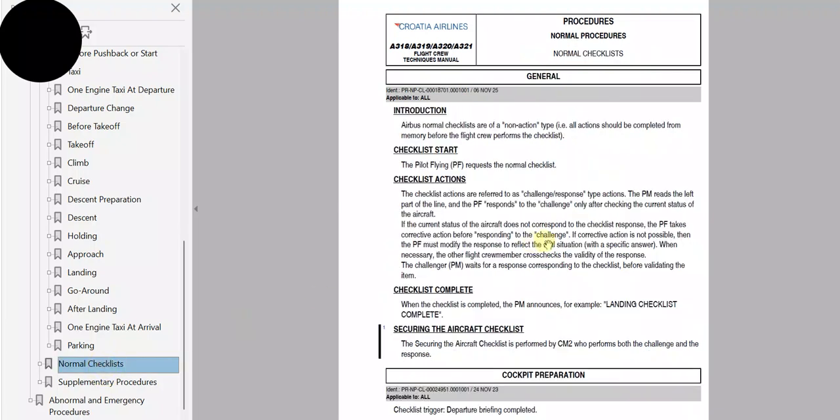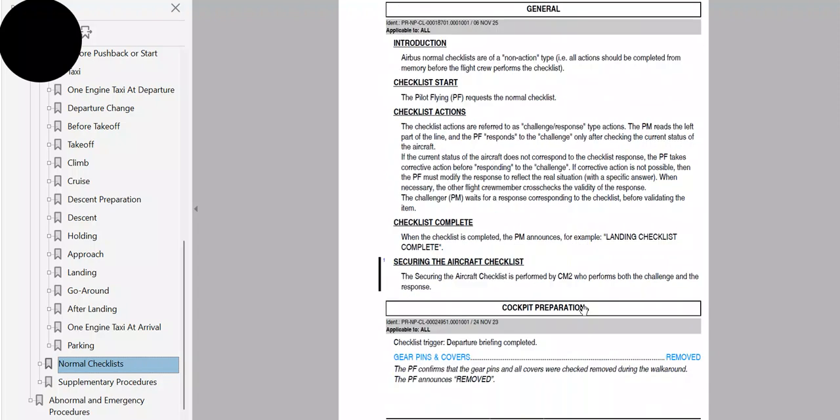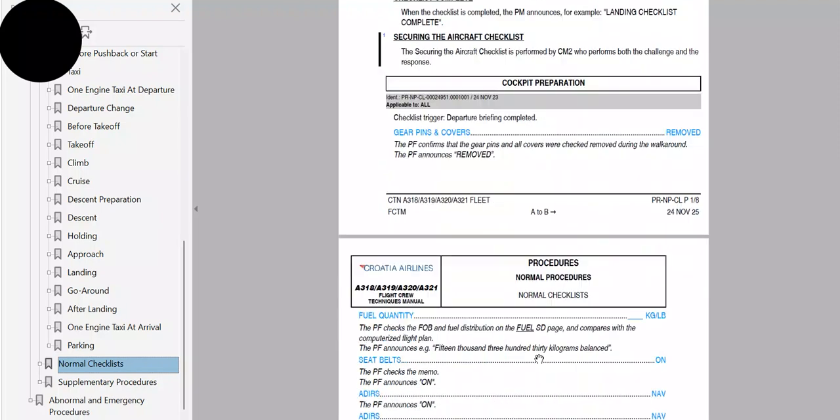When we open the normal checklist, you can see how to read the checklist correctly and when to read the checklist. So let's check the cockpit preparation. We have a trigger to call for this checklist when the departure briefing is completed. So when the departure briefing is completed and all items done, the pilot flying calls for the cockpit preparation checklist.